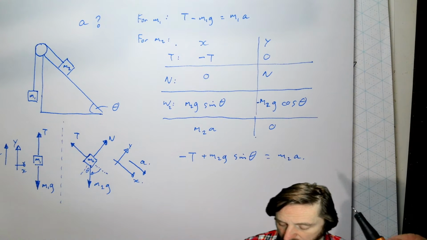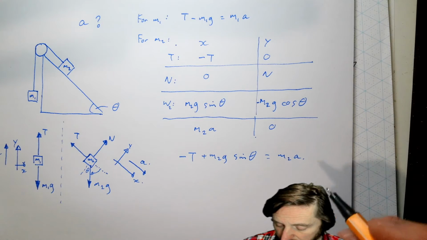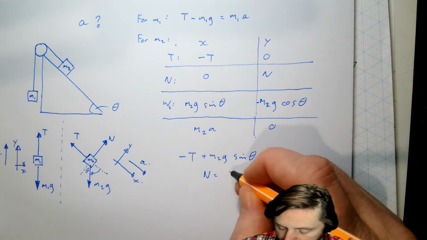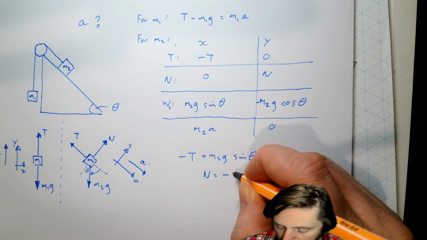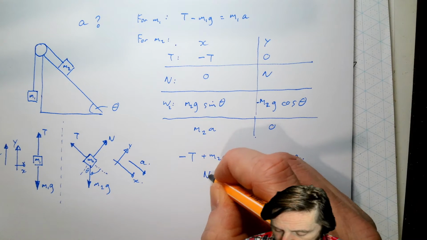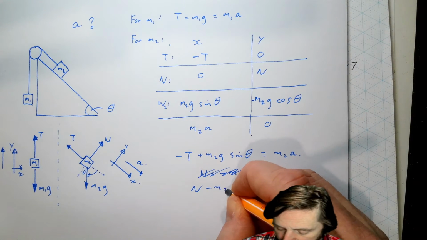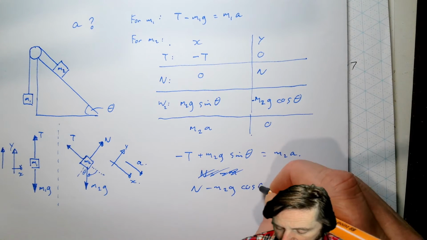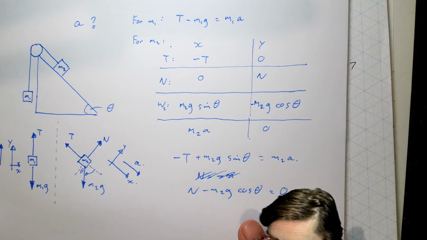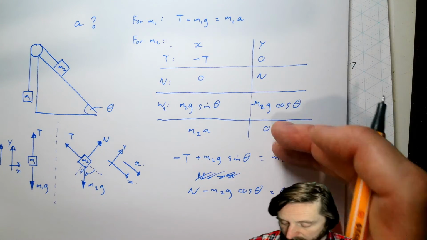And then for this one I have my normal force, sorry, normal force minus m2g cosine theta adds up to 0 in this case. So yes, we have x and y components.